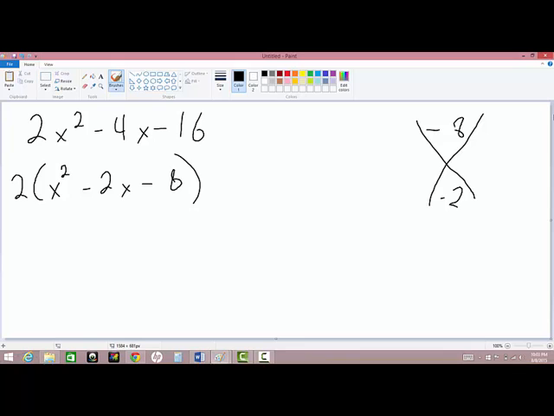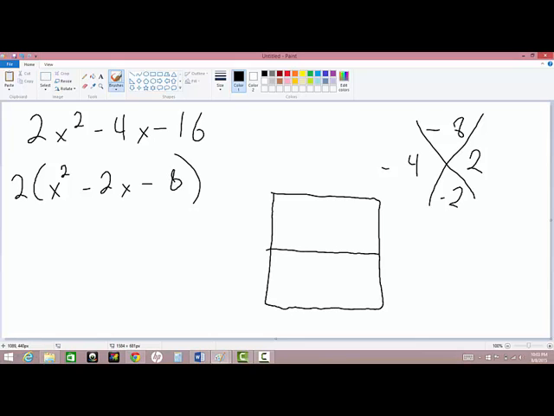And so now we need two numbers that multiply to give you negative 8 and add to give you negative 2. Well, that's negative 4 and a positive 2. Now we can do our box. Once we complete the box, now we put the x squared in the box here.